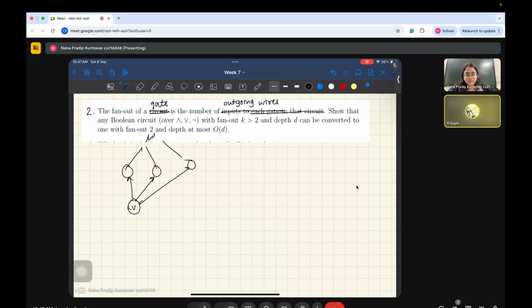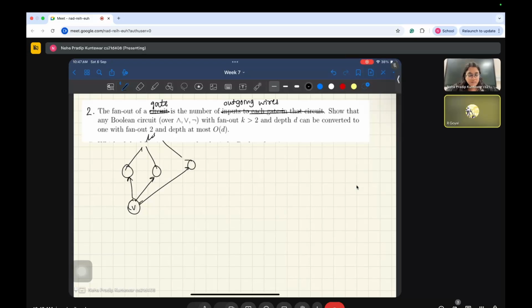And what are those? Those gates would probably be at the second last level, because in the last level we are giving input, but there is no input as such. The last level is for the inputs only.